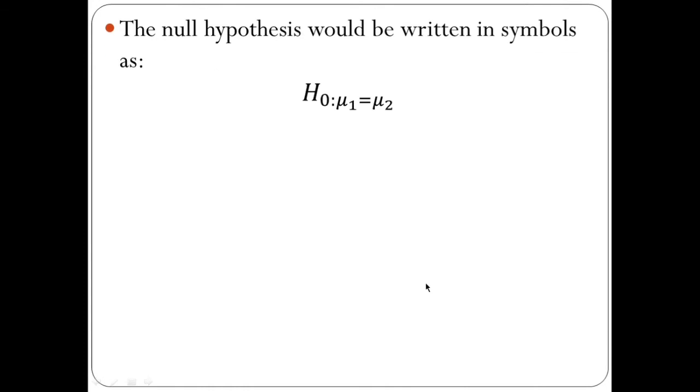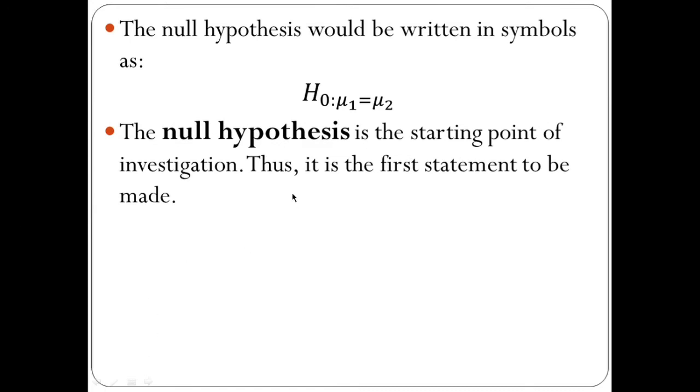Okay, so the null hypothesis would be written in symbol as H sub O: mu sub 1 equals mu sub 2. So symbol po ito class is mean. Natandaan nyo yung mga symbol ha, yung mga previous discussion natin.